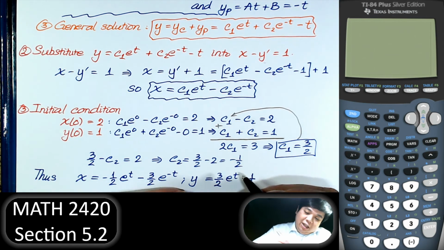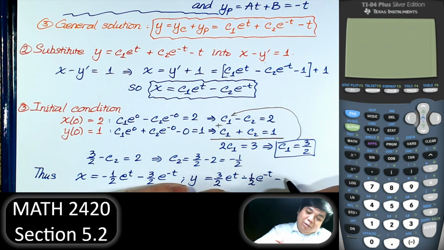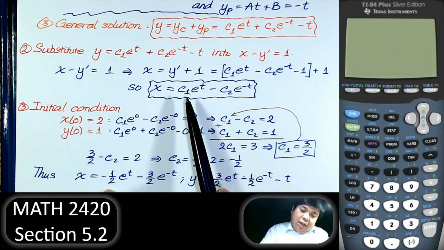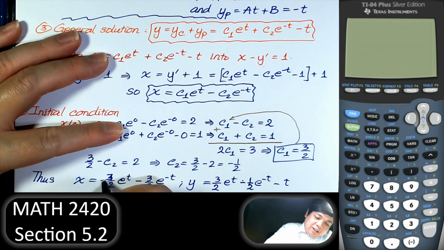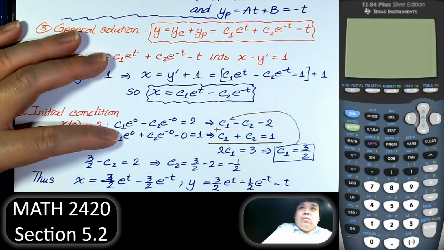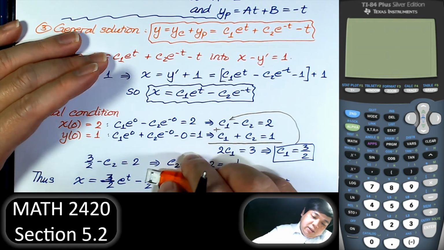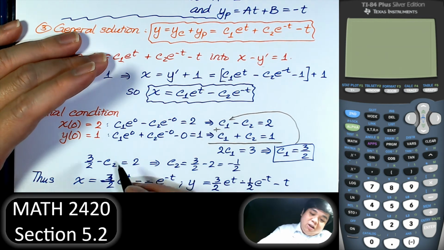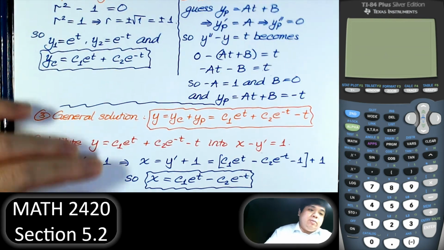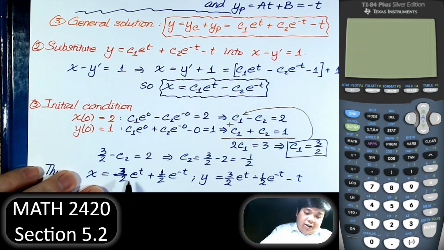Let's write the y first. 1 half e to negative t minus t. C1 is 3 half and C2 is negative 1 half. C2 is negative 1 half with an extra minus, so that's a plus 1 half. So y is 3 half e to t plus 1 half e to negative t minus t.